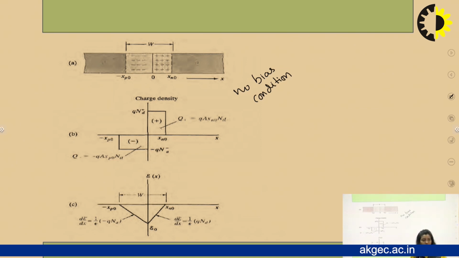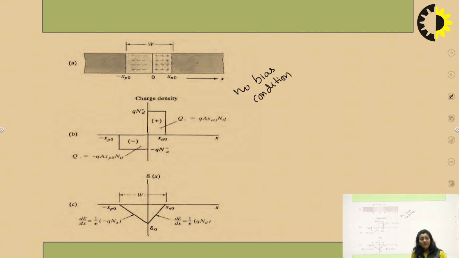Due to that charge, we have to maintain that current will not flow in the no bias condition through a PN junction diode. In a diode, if you apply no supply, there is no current flowing, right? So we have to obey that law.